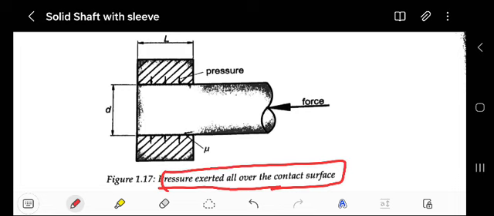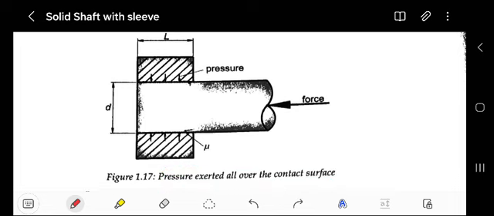If you check, guys, here we have the sleeve. We can say this sleeve is the same as the thick cylinder, but here we have the shaft.